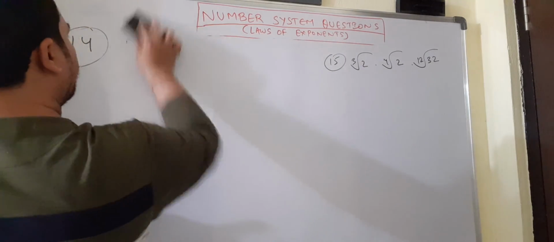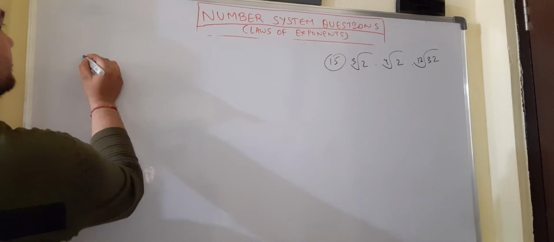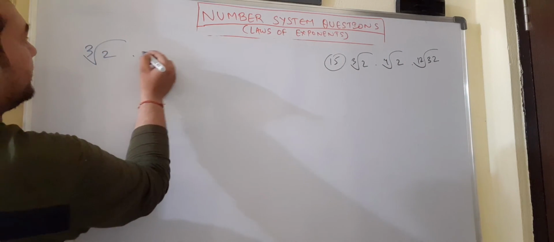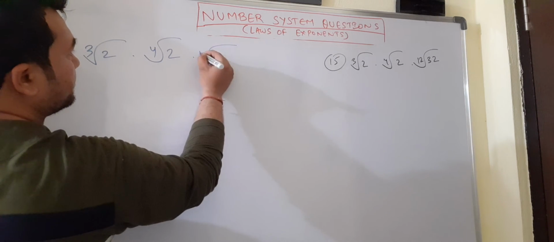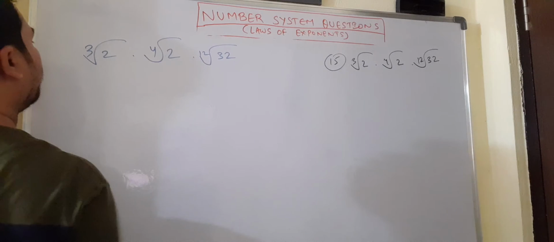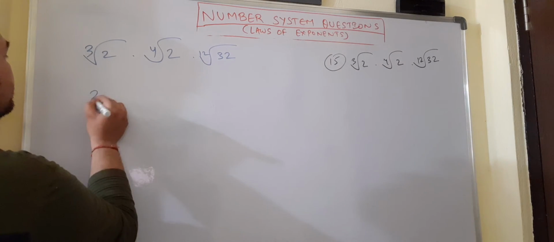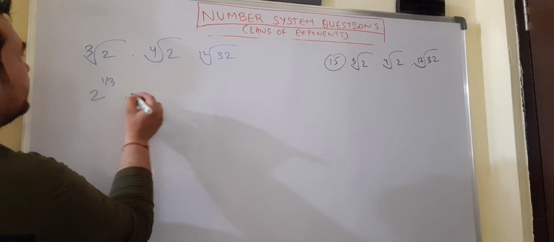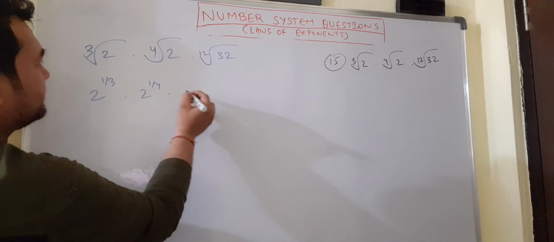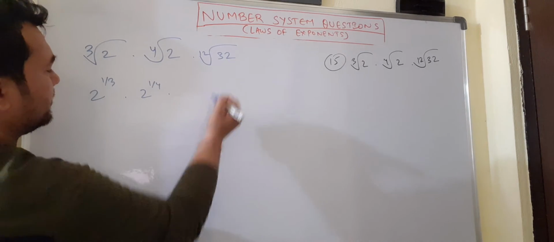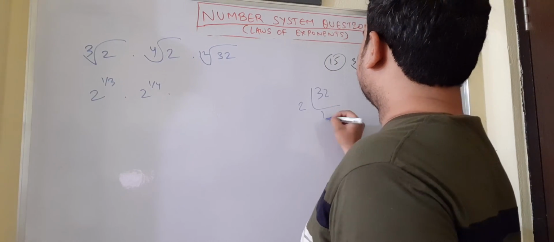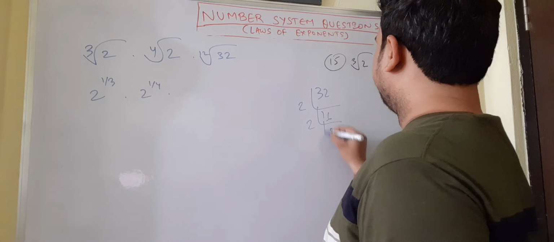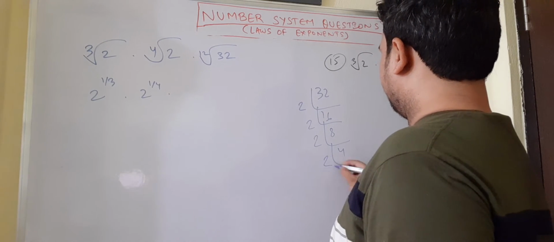Heading towards question number 15. Question number 15 says cube root of 2 multiplied by 4th root of 2 multiplied by 12th root of 32. This is 2 to the power 1 by 3 and this is 2 to the power 1 by 4 and this is what? 32 is what? 2, 16, 2, 8, 2, 4, 2, 2.